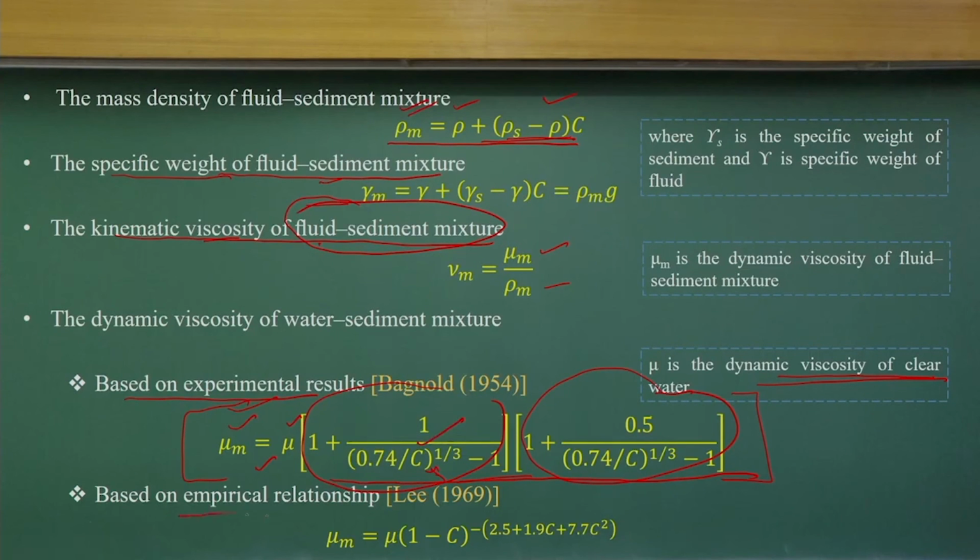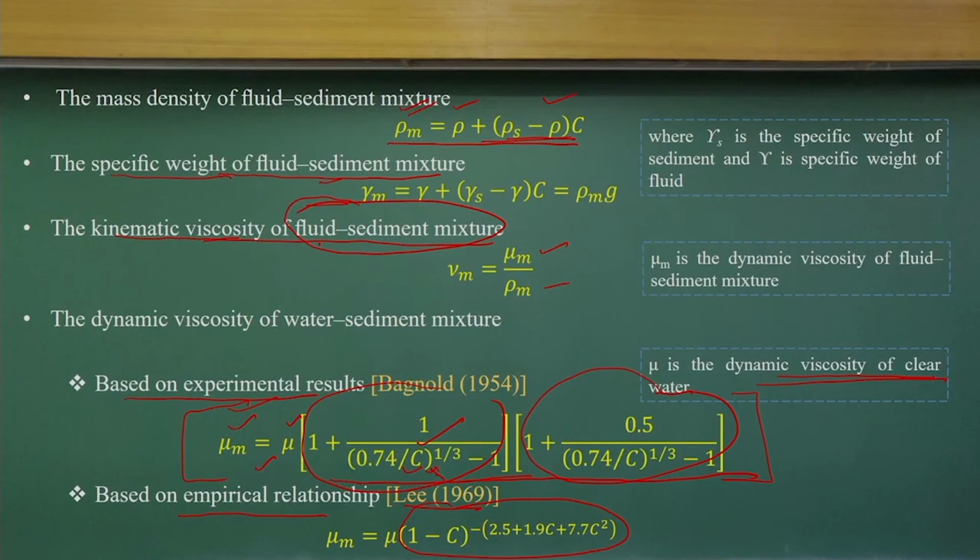Or there is an empirical relationship by Lee 1969, which is given in terms of a power function. So these are all empirical equations to find the kinematic viscosity of fluid sediment mixtures, because when a river is flowing, it's not only water flowing, it's water and sediment.